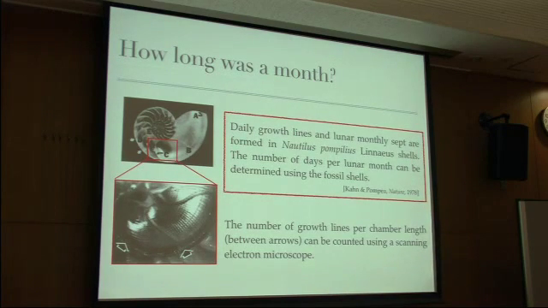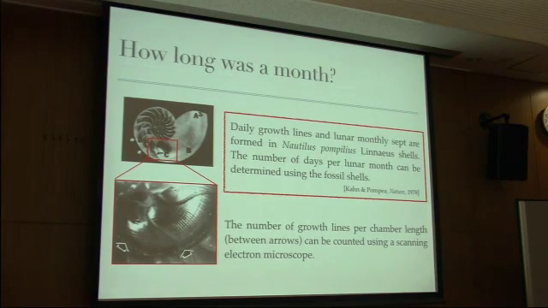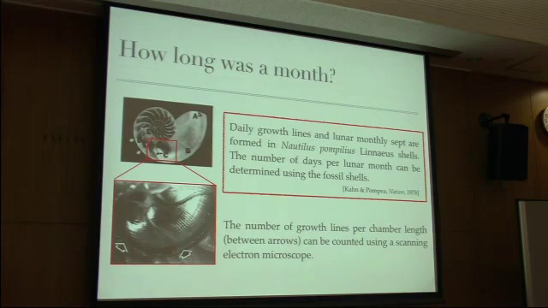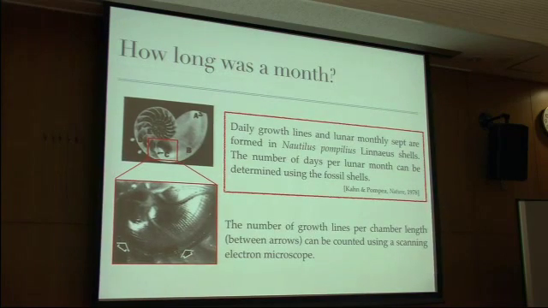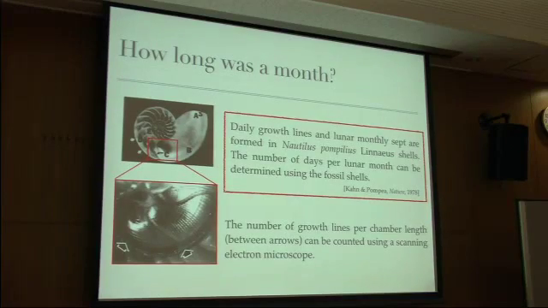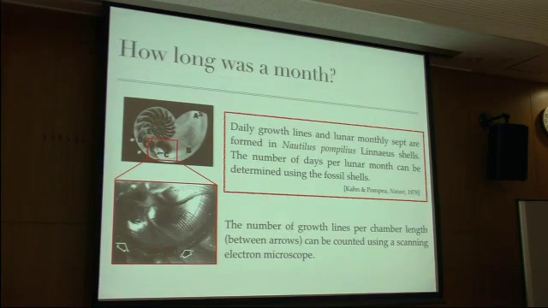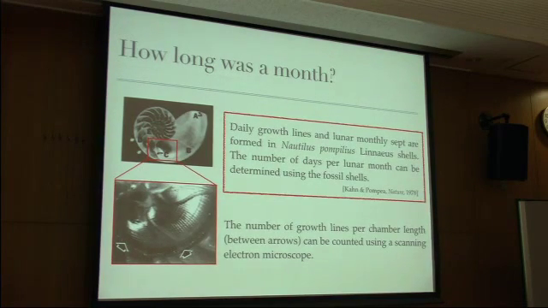They said daily growth lines and lunar monthly septa are formed in Nautilus pompilius shells. Sorry, I don't know how to say it exactly, but some types of shells. Using some types of shells, the number of days per lunar month can be determined using the fossil shells.